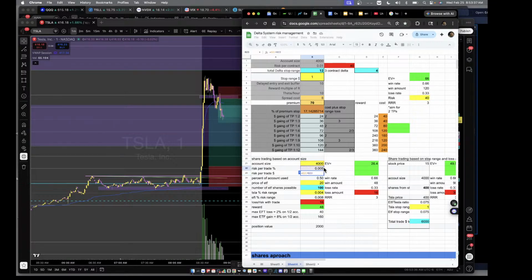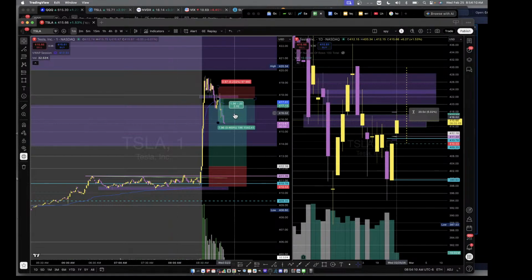It should be like 20, right? All right, so I'm willing to risk $20 per trade, which is very normal, right? But if I risk $20, can $20 worth of shares fit in it? And look there, it hit the target of this.